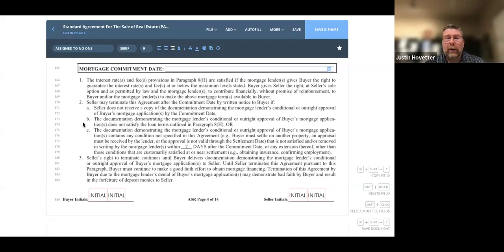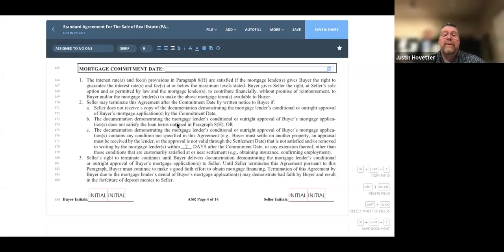So it doesn't matter how many conditions are on there. It's conditioned upon the appraisal. It's conditioned upon the buyer filing their taxes. It's conditioned upon buyer explaining what these 14 huge deposits were. You need to get that to that seller on time.